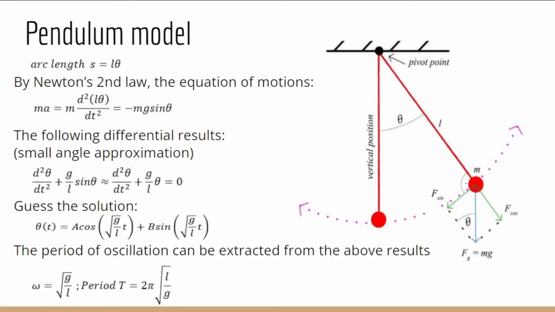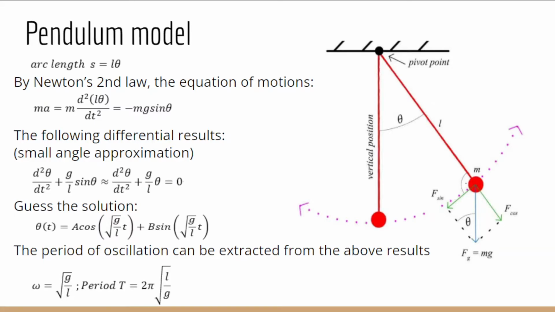By Newton's second law, we can derive the equation of motion. Mass multiplied by acceleration, and acceleration equals the second derivative of arc length. That is the left-hand side, and it equals the tangent force, which means the gravity force.